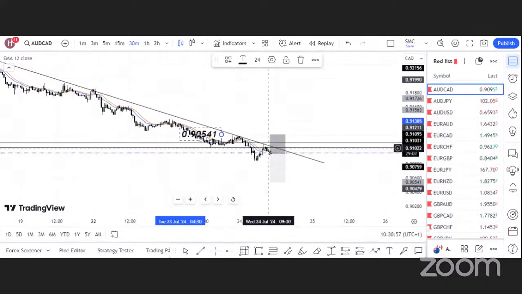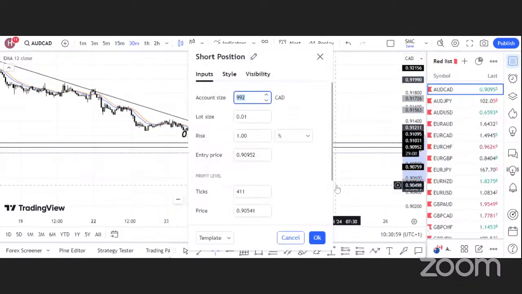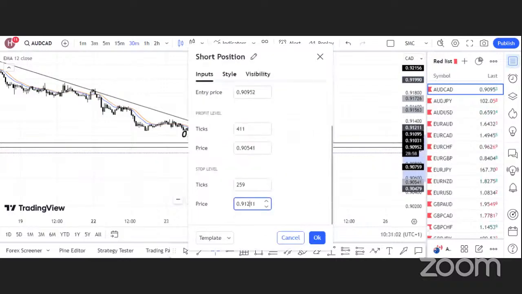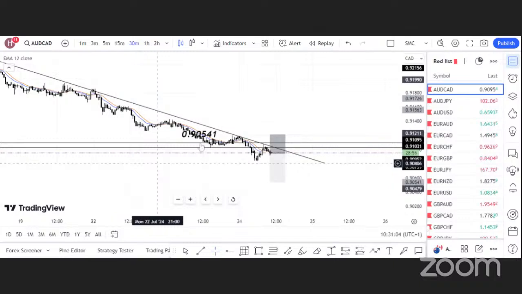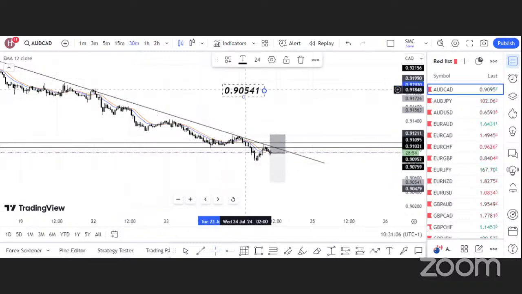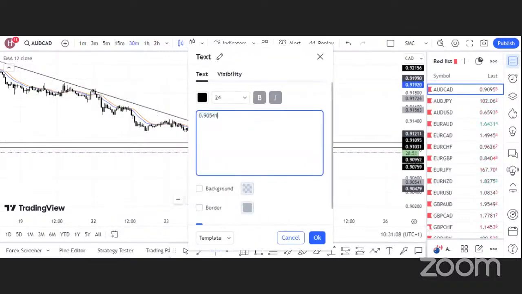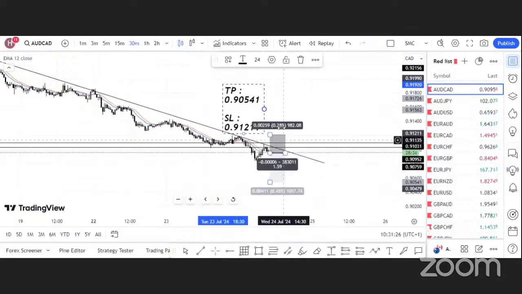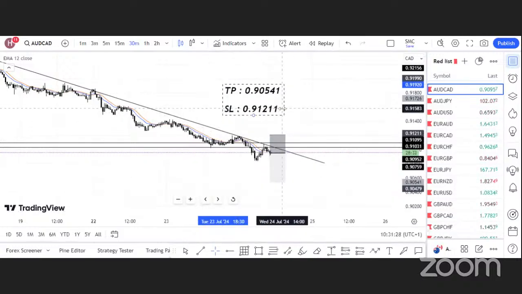Okay, so this is our take profit. Let me copy out the stop loss. So this is TP, and this is our SL. SL means stop loss.